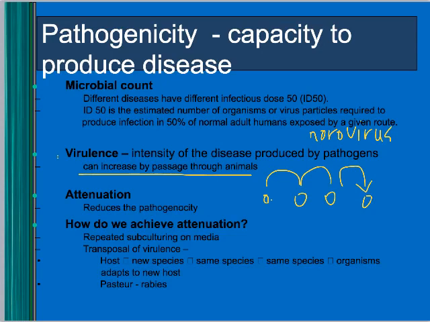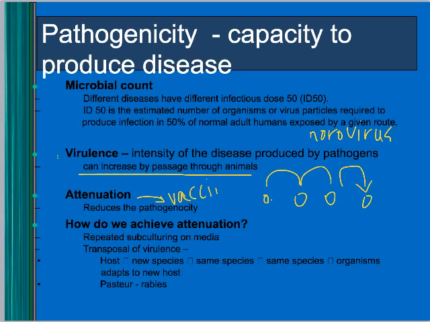Now attenuation is how we can reduce pathogenicity. There are different ways to attenuate something. When we attenuate it, we're reducing the pathogenicity, and that's what we use to make vaccines.